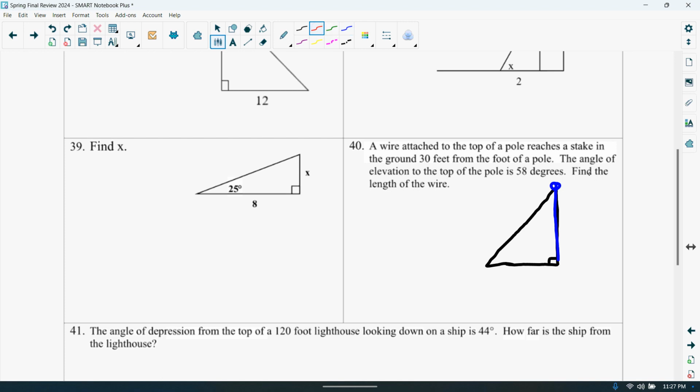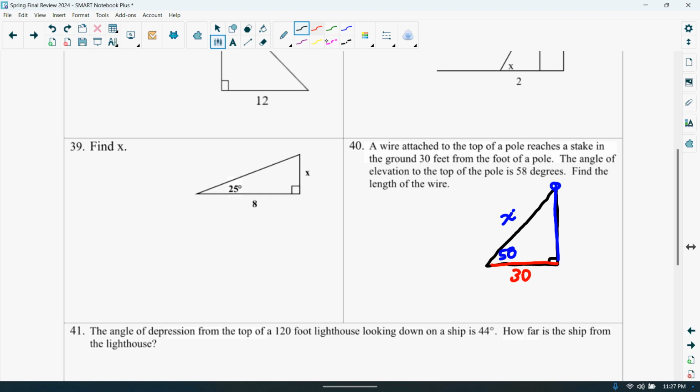And it is 30 feet from the foot of the pole, so 30 feet from the foot of the pole would be here. The angle of elevation, it doesn't matter if it's elevation or depression, it has to be made with the horizontal line. And so the 58 will go here, so let's find the length of the wire, that's our hypotenuse.